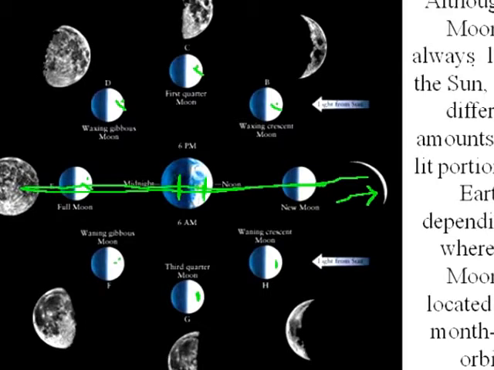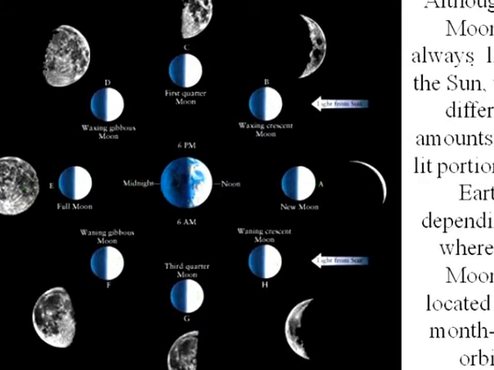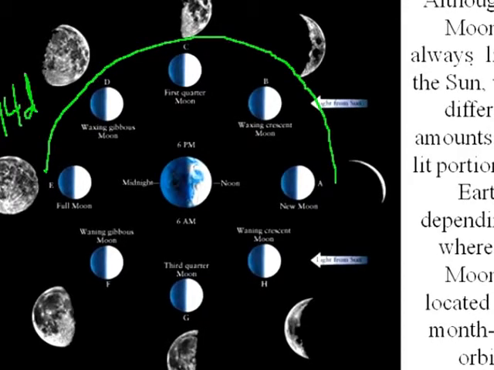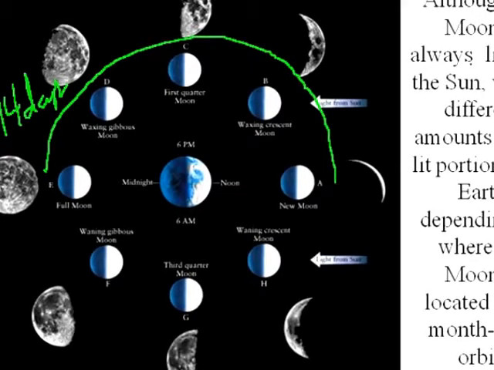And then it's technically gibbous after that point. It looks almost like a perfect circle, but it's actually a full moon one night. So from new moon to full moon is a little over 14 days. I'll put a plus in front of it. Half of 29 and a half days.